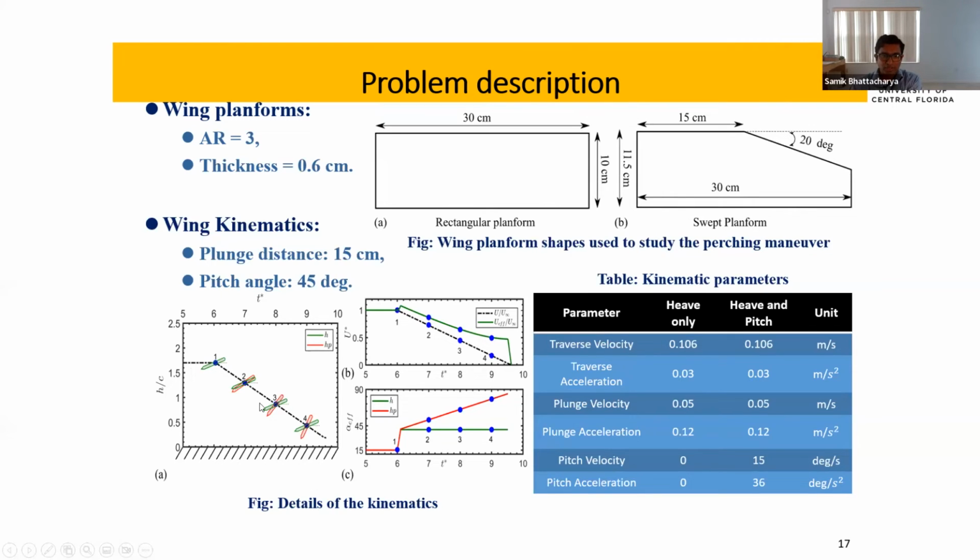And then we create a kinematics, as you can see in figure A here, where the airfoil follows a downward inclined trajectory, and at the same time it pitches up. So that's how we simulate the perching maneuver in our experimental facility, and due to this, the effective angle of attack and the velocity all change.